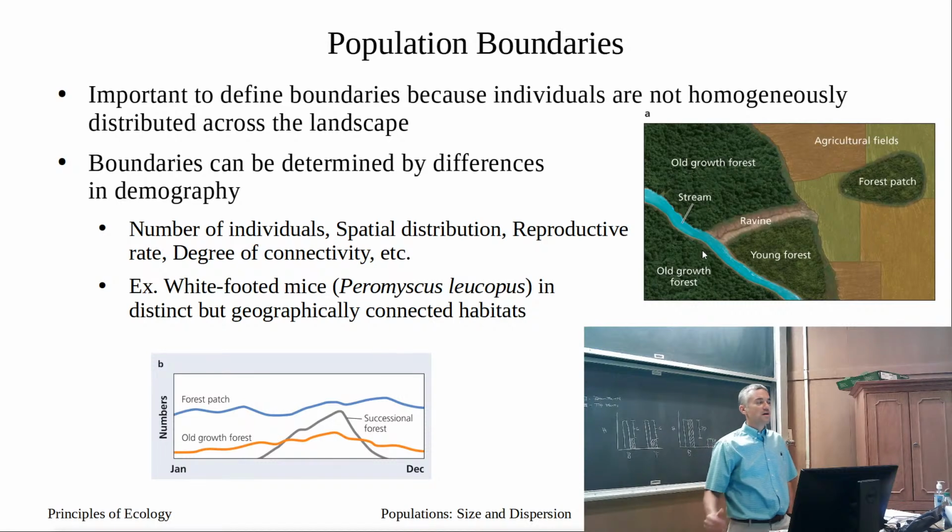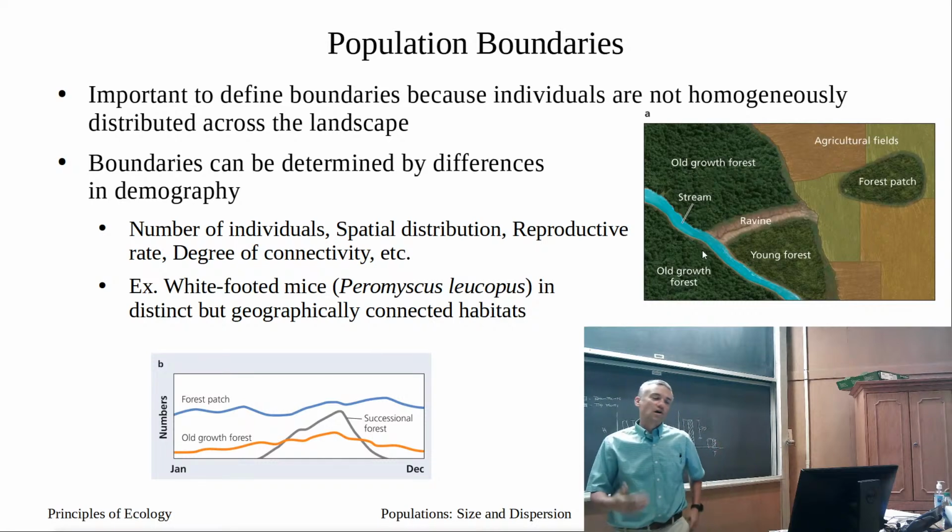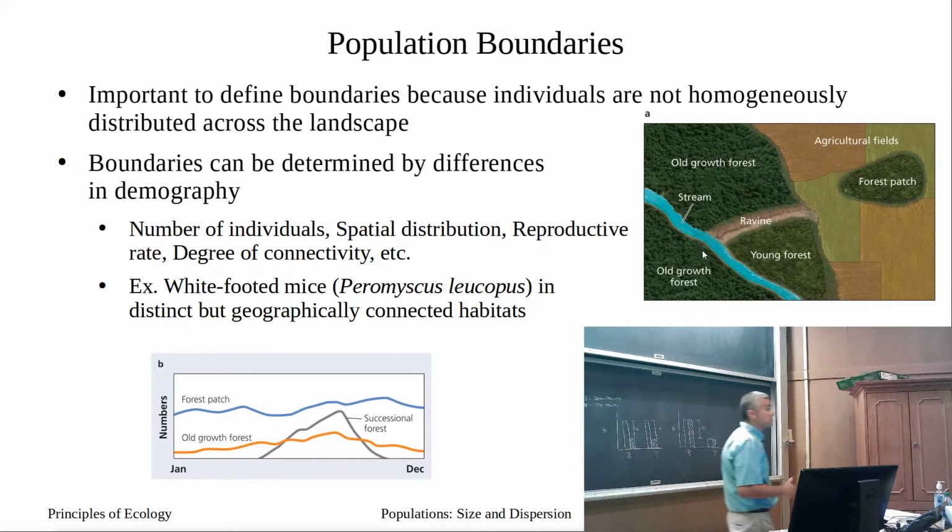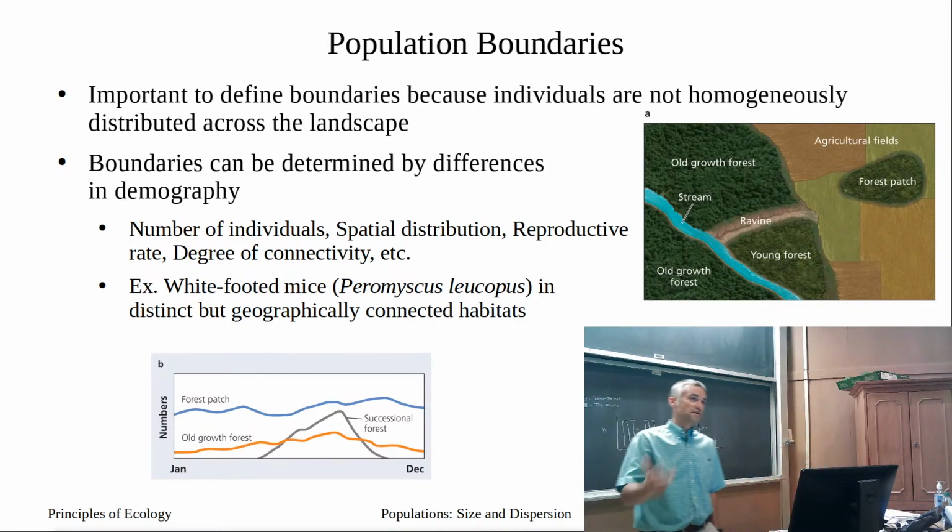Well, it's because how we define our populations could have an impact on the important demographic measures, including number of individuals that are present, or density. It could affect our spatial distribution, our reproductive rates, the degree of connectivity. It could affect other things, including growth rates.